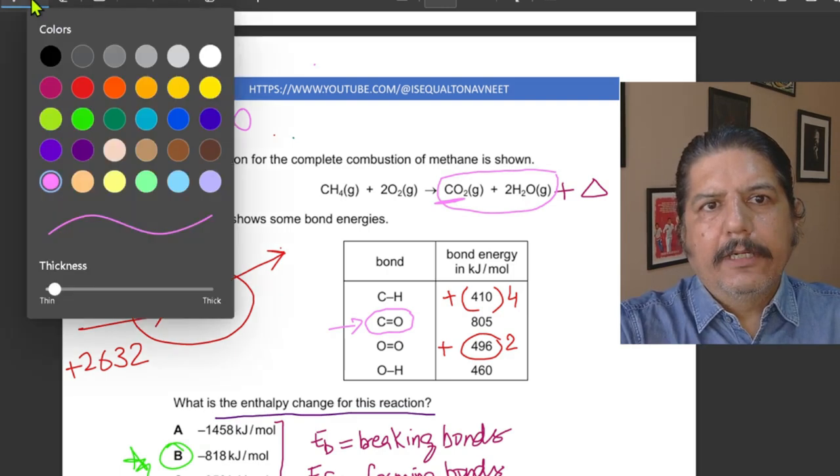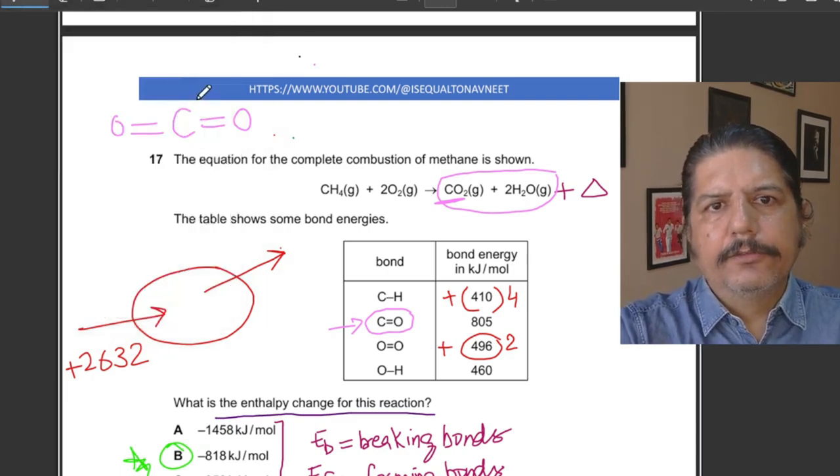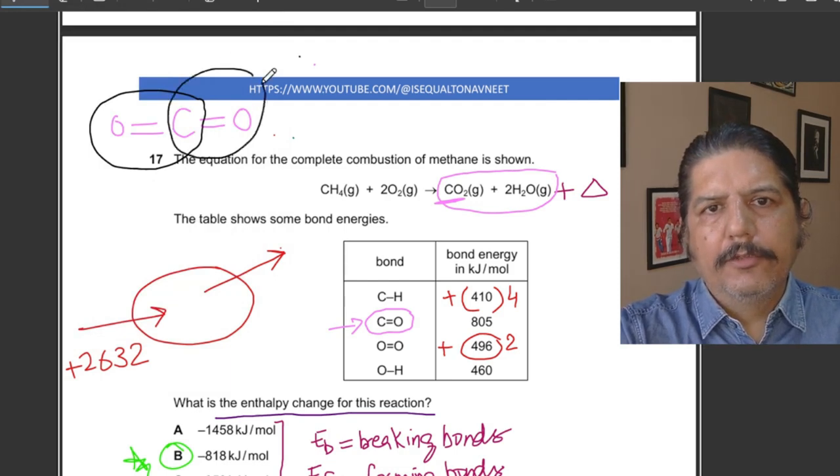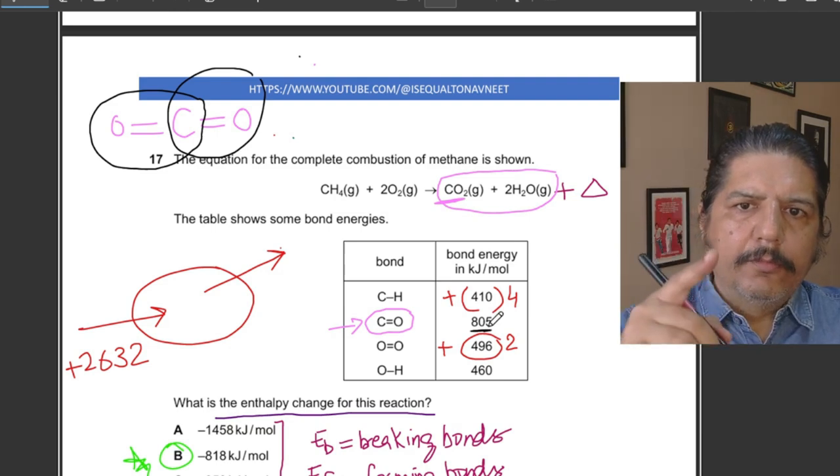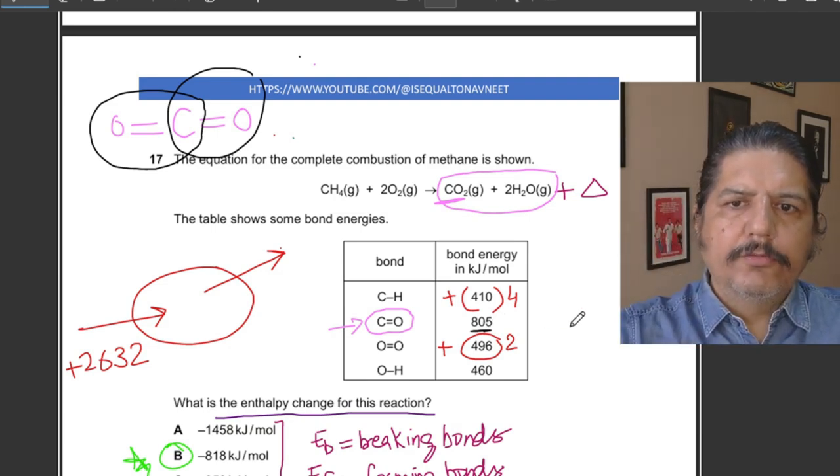And the point that I'm trying to make here is that these are the bonds. This is one bond which will be formed. This is another bond which will be formed. When one bond is formed, 805 kilojoules per mole of energy is released. Now I am forming two bonds.